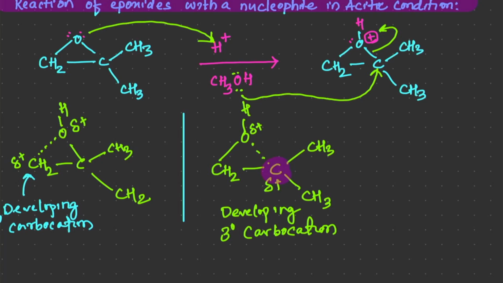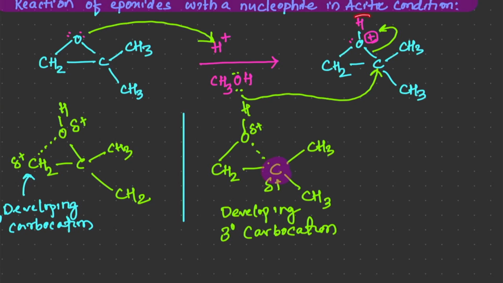So let's recap again. In acidic conditions, the oxygen and C bond is going to break on the side that will generate a tertiary carbocation. But you are never actually making a tertiary carbocation, and the reaction does not go SN1.